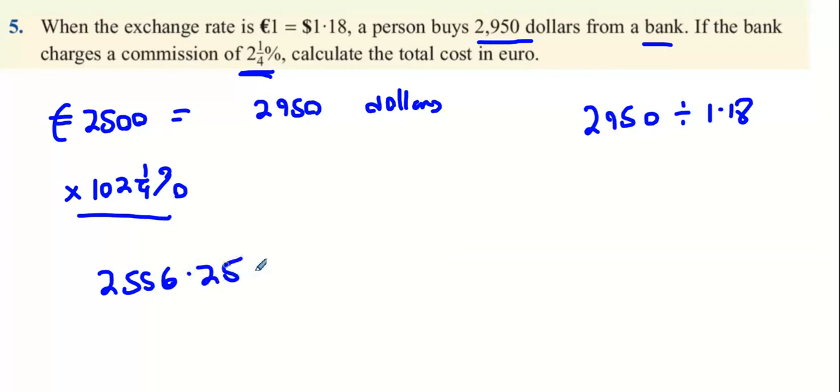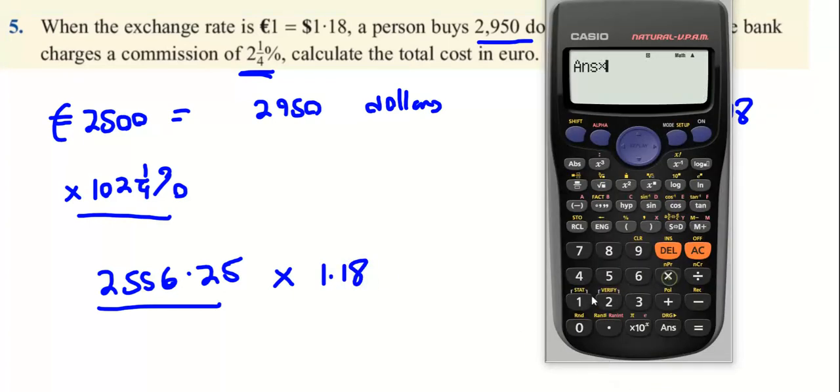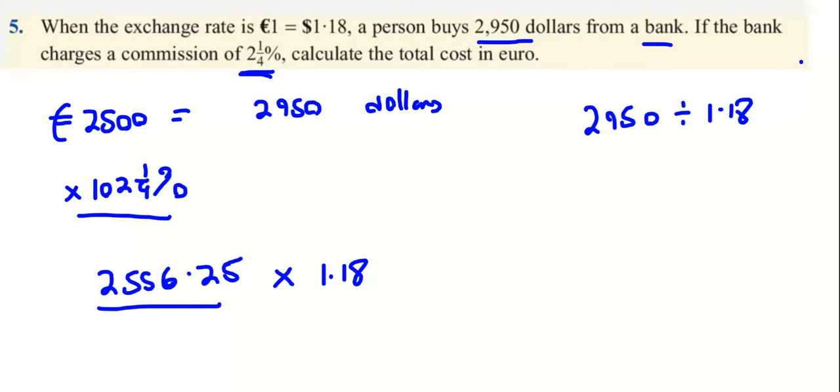Now, if you aren't sure about your answer, here's what you could do. Multiply by 1.18 to change it back into dollars. So out of your money, 2,500 of it, you want to convert that into dollars.